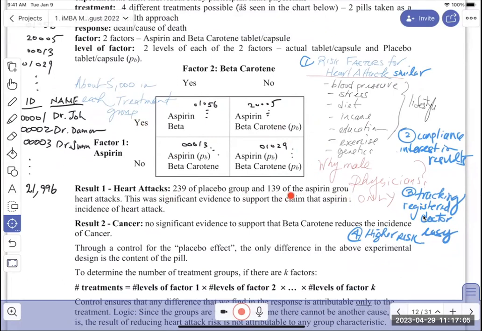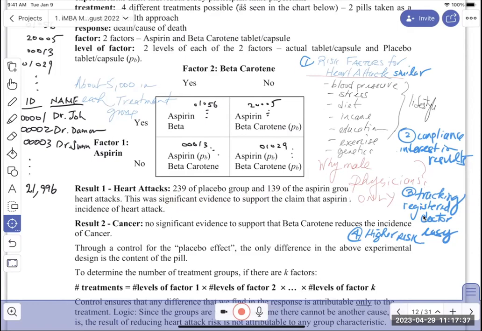And this was enough, this extra 100, almost 50% more. Well, it's 100 more than 139. So this was enough to determine a statistically significant difference.